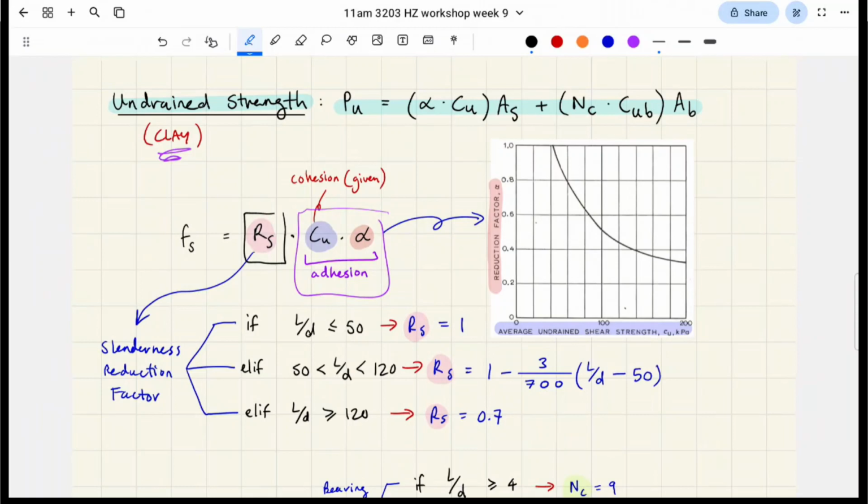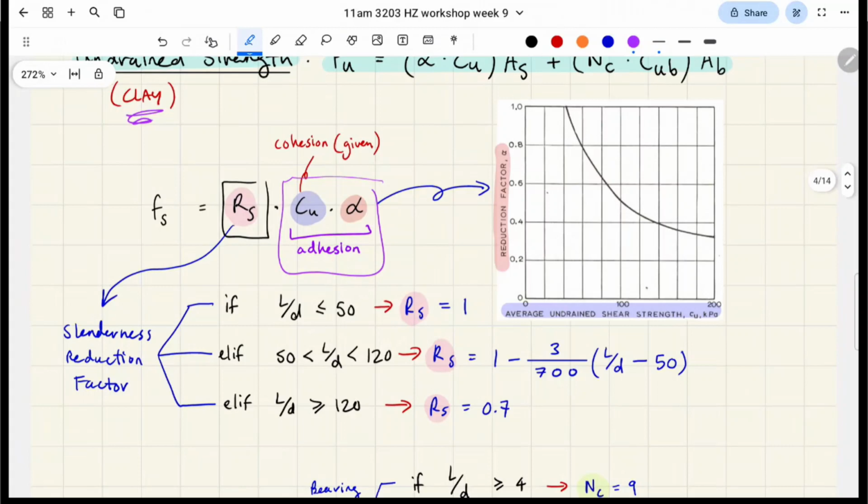Imagine a straw that you sip water with. It has to be super thin compared to its length in order for this reduction factor to even matter, right? But I've included the formulas for that anyway. So RS, in the normal case where your slenderness ratio is less than or equal to 50, is just going to be 1. That's all of this stuff over here, right? And then it can get lower and lower if it's really slender, essentially.